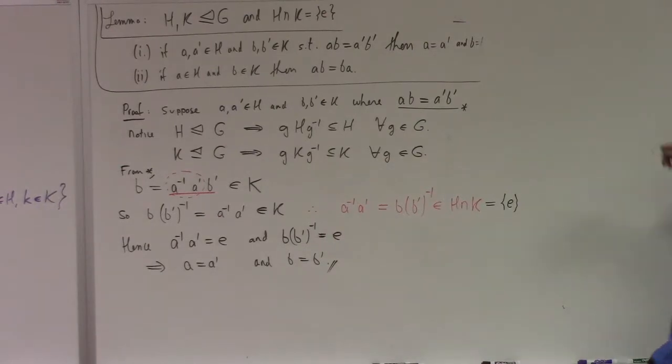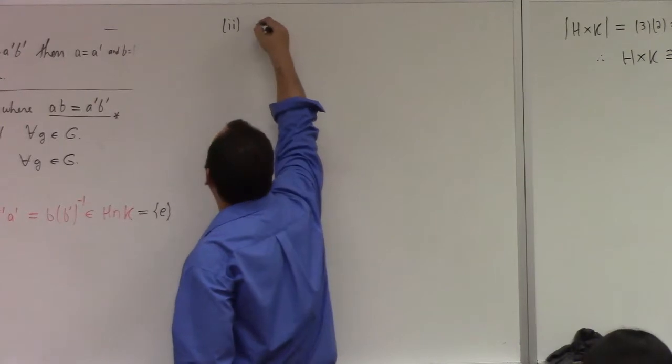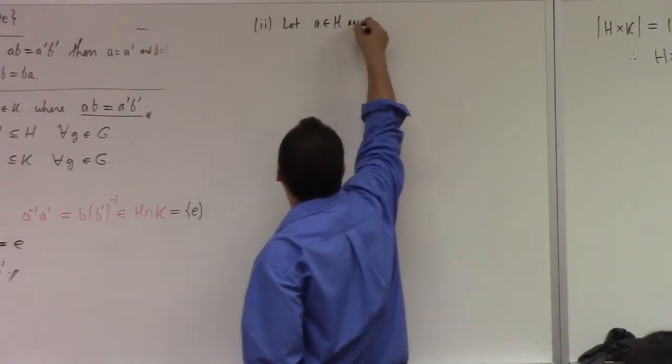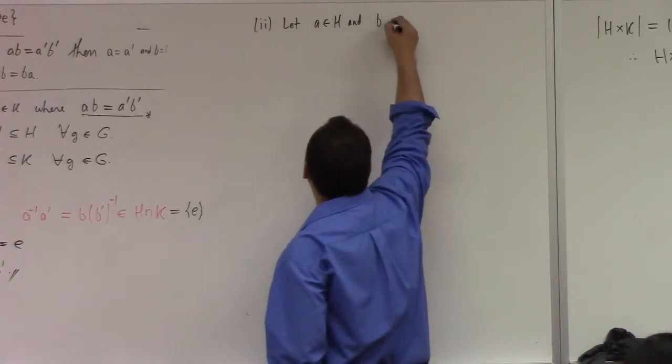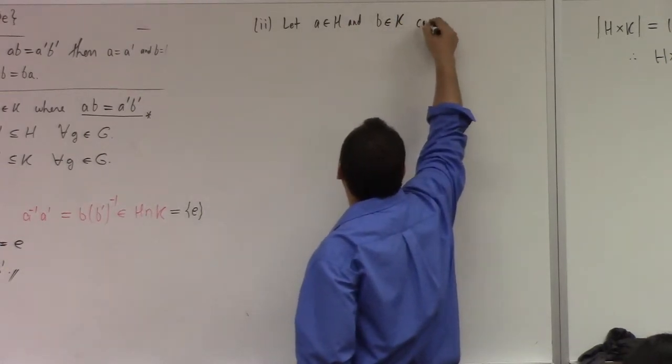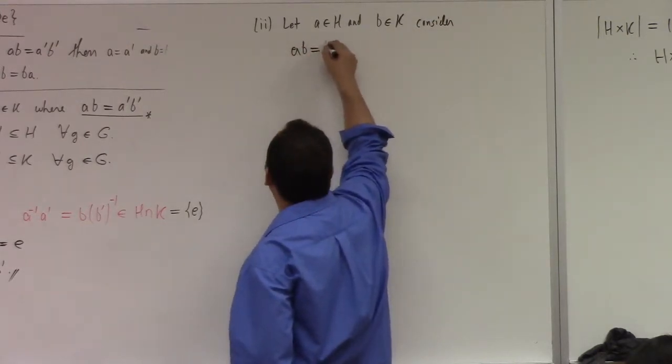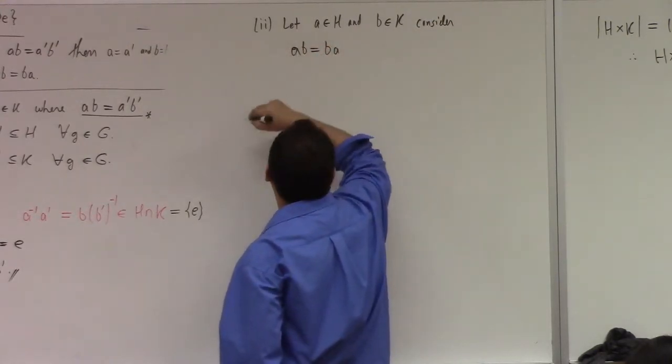So again, for 2, let a be in H and b be in K. Consider ab equals to ba, yeah?